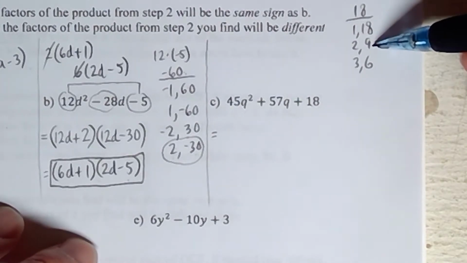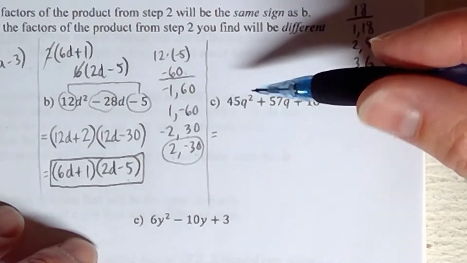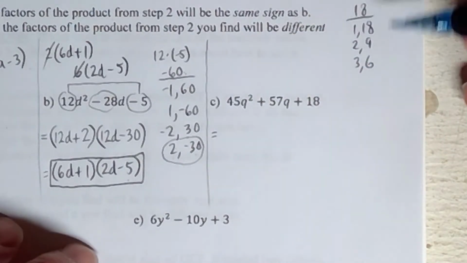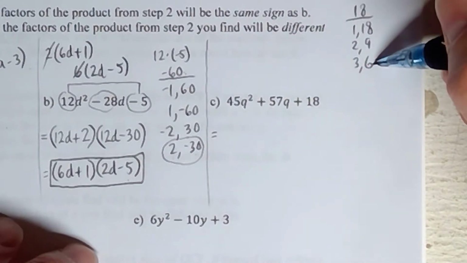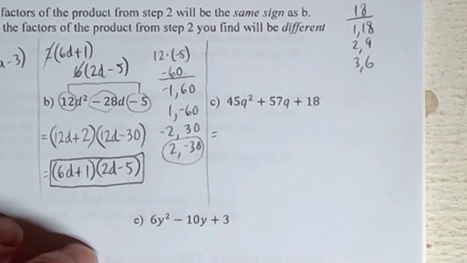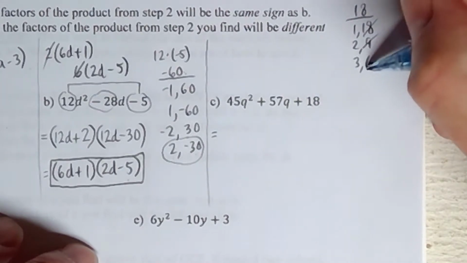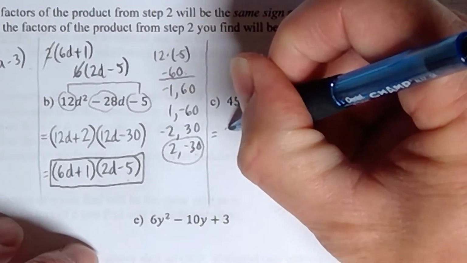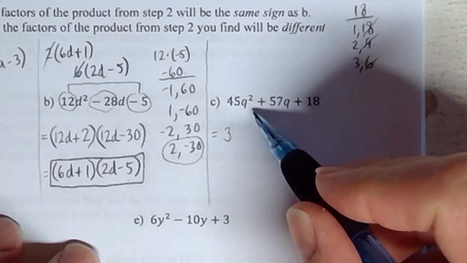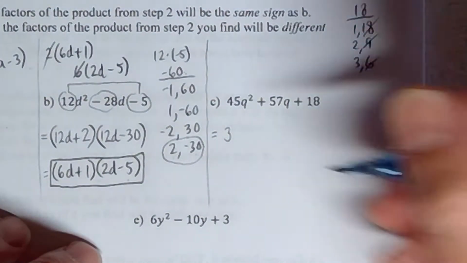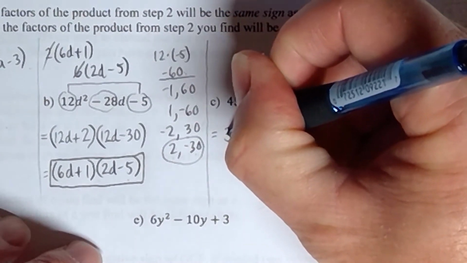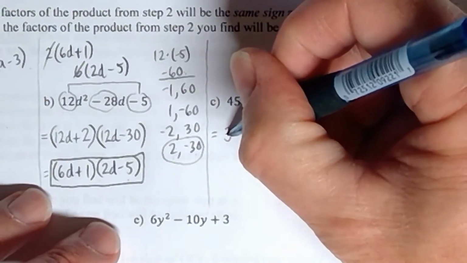The 9 doesn't work. And 9 works for 45, but it doesn't work for 57. The 6 does not work, but the 3 does. So that must mean that 3 is the GCF. Don't put the Q in there because the Q is not in all the terms. Remember, you don't put a variable in a GCF unless it's in all the terms, that same letter.